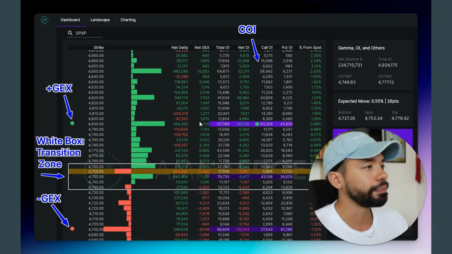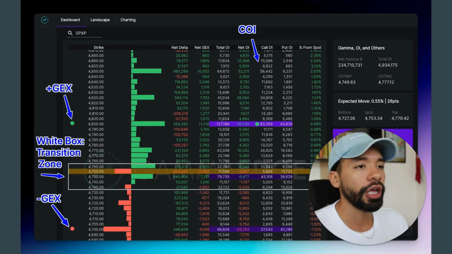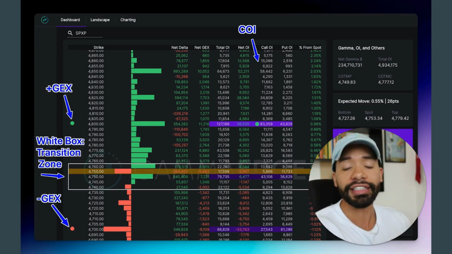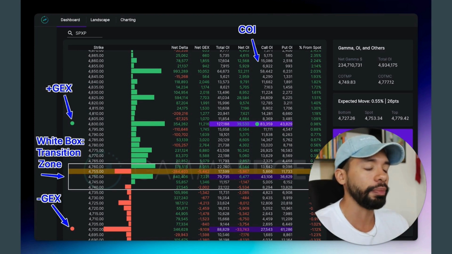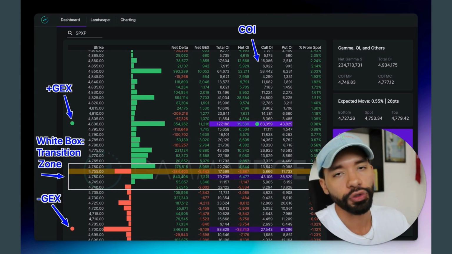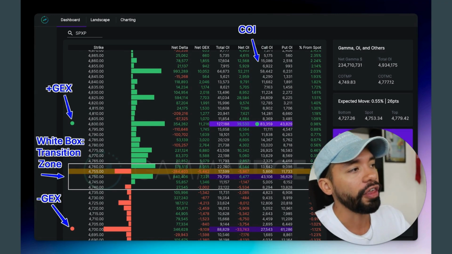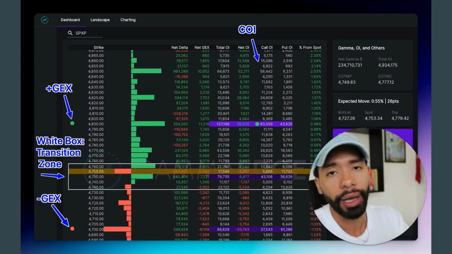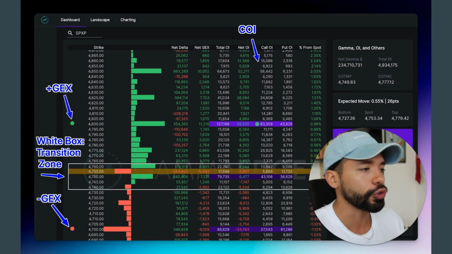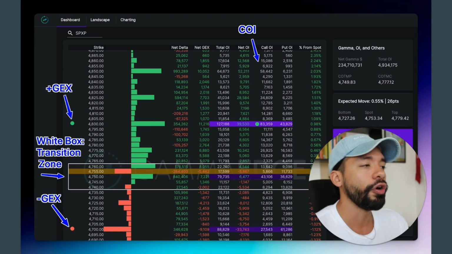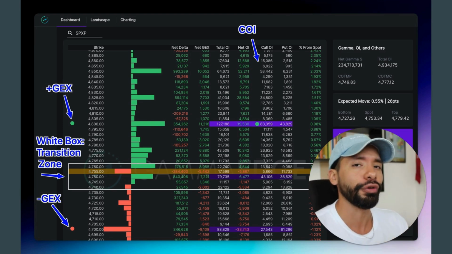So let's start here. Here's an image that I got directly from the guys at GammaEdge. They put out a really amazing tweet explaining how their web app makes it super easy and super accessible for new traders to understand this information.